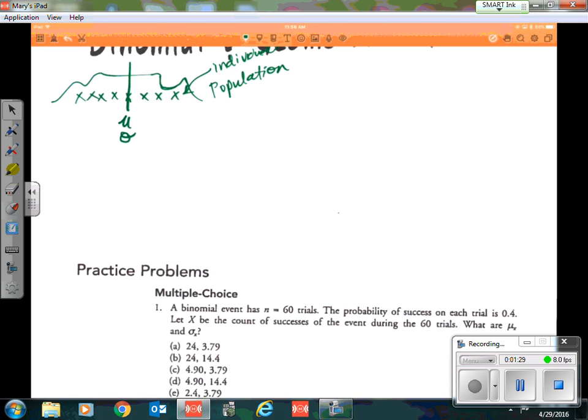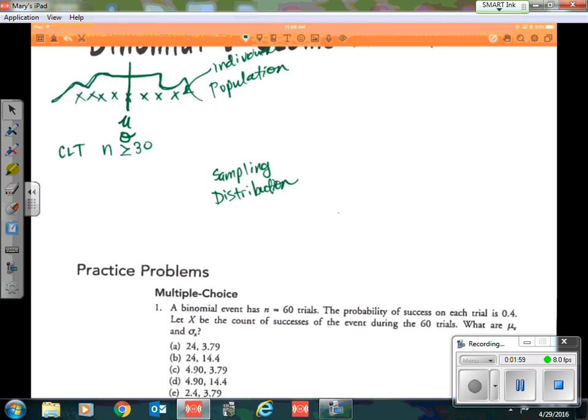Now, the central limit theorem says that if n is large enough, it doesn't matter the shape of the population, the sampling distribution's about normal. So down here, I'm going to draw the sampling distribution. A sampling distribution is when you take samples of size whatever.